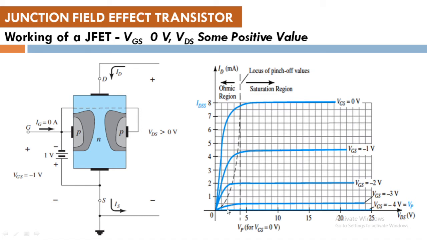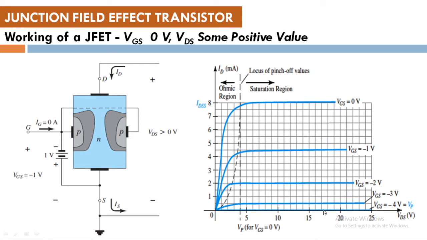And when we provide a potential around, say, minus 4 volts, we can see the channel is already pinched off before we can connect the output potential. So there is no current at the output. So we can say the junction field effect transistor is switched off.